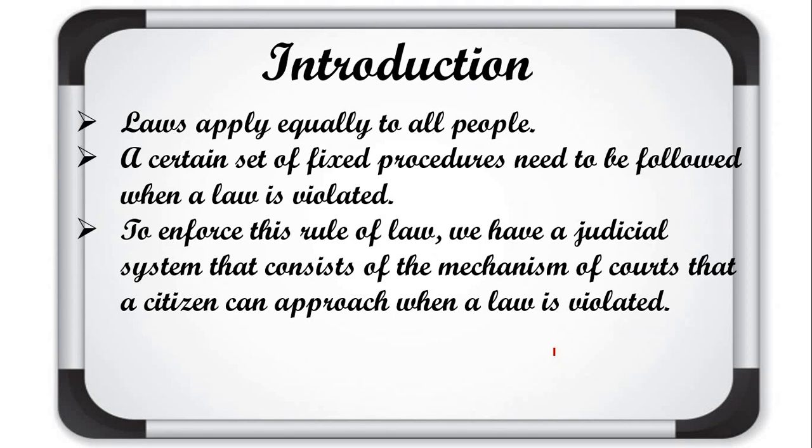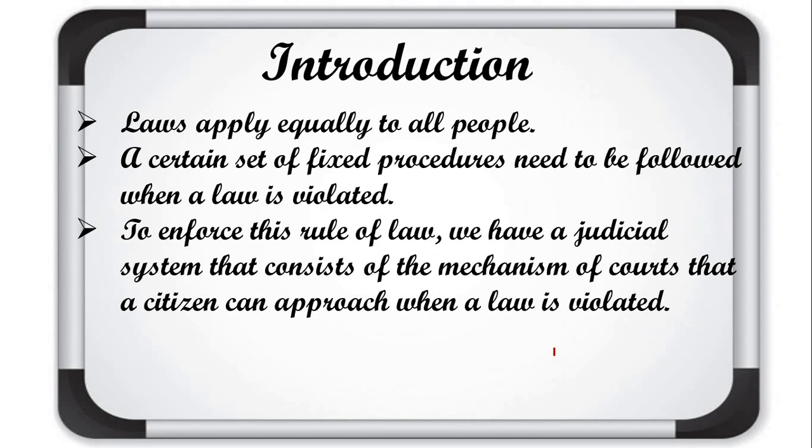Understood? So first thing, what is the system of rule of law? Means all people are equal in front of law. And a fixed procedure is needed to be followed when a law is violated. Means if any person has not followed the rules and regulations set by our society or our government, then a fixed procedure is there to get justice.